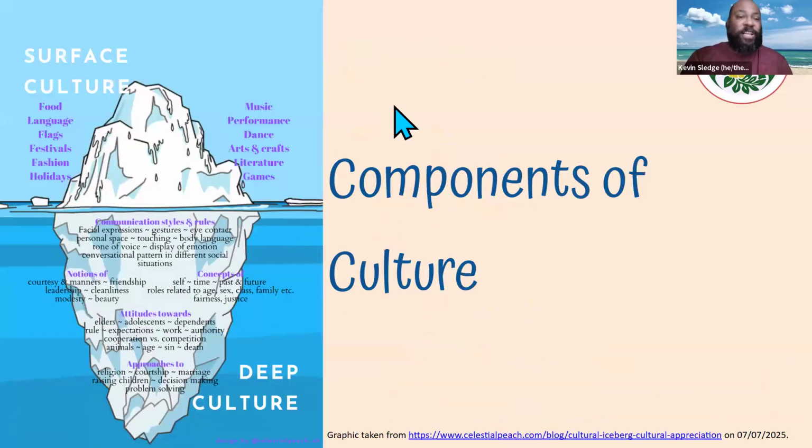Okay. And I really like this graphic here. It just kind of shows another way of looking at, I guess, the relationship between products and practices and perspectives, right? We notice at the top, again, very easy to see if we think about the image of an iceberg, whatever's on top above the surface, we can see that very easily.